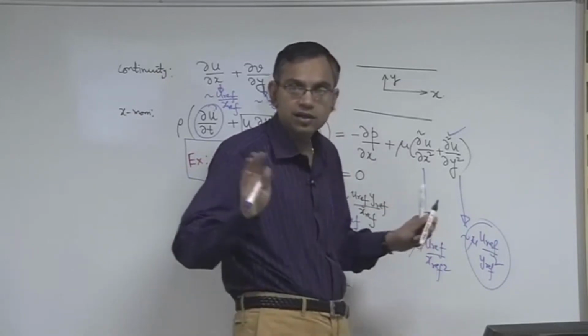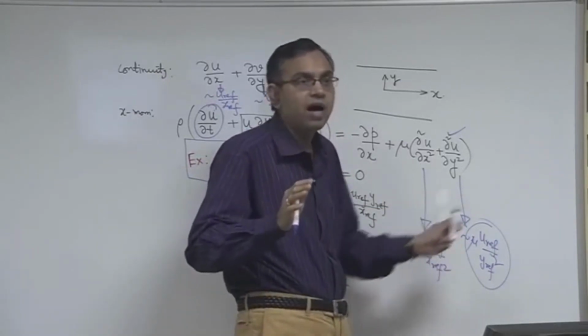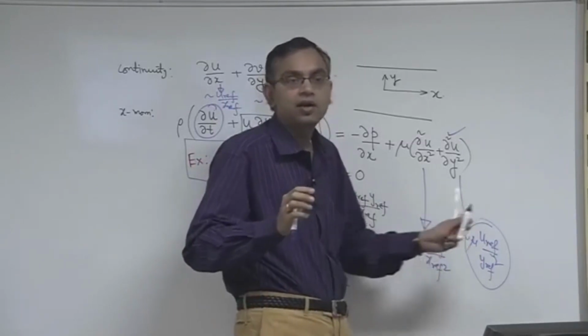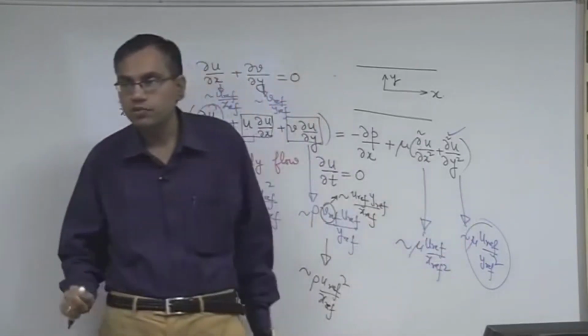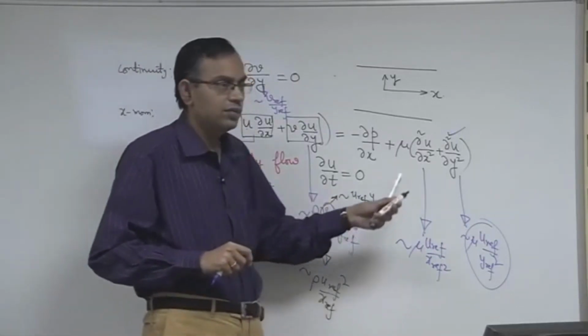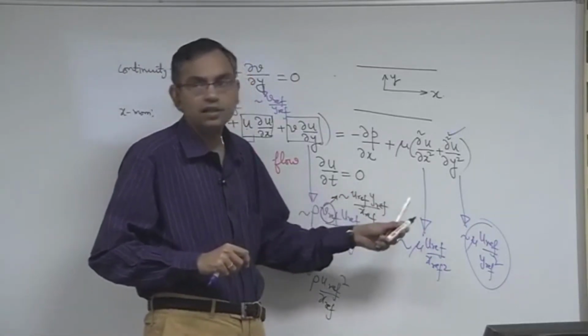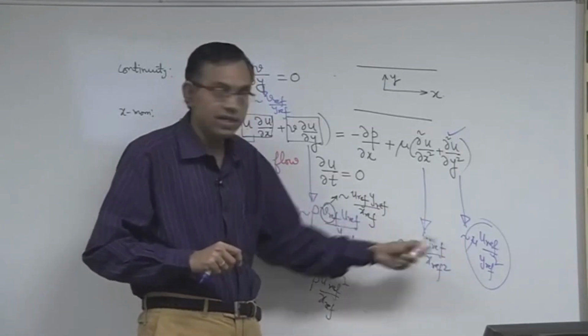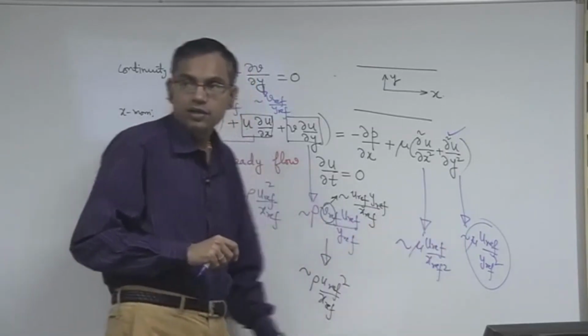So, the physics is completely different, although scale-wise you can see there is some analogy. This has to be remembered very carefully: this analysis is not what we intend to do for boundary layer theory, although scale-wise they appear similar.